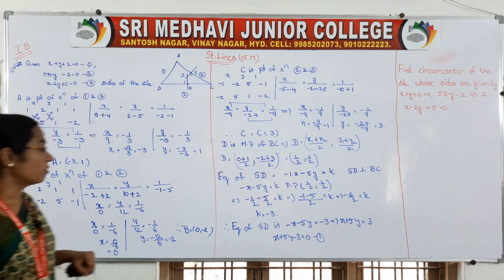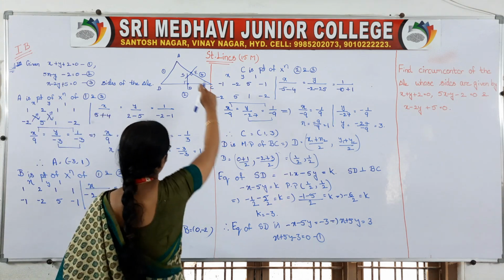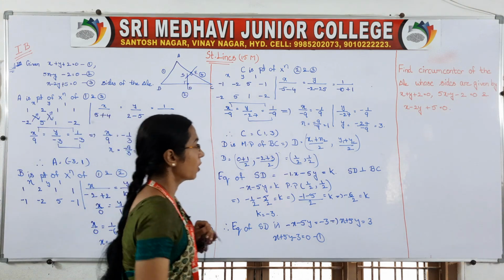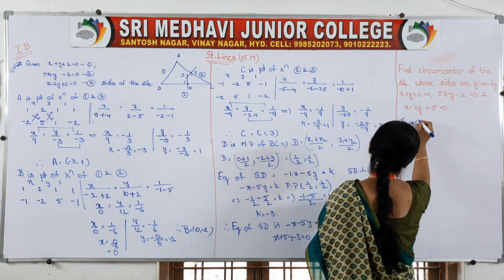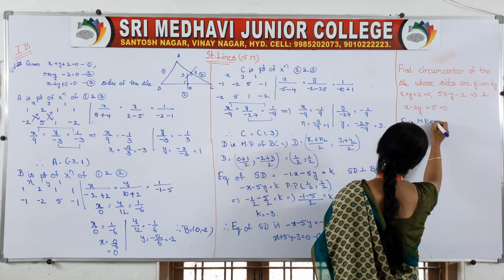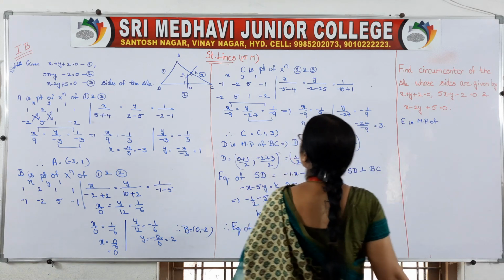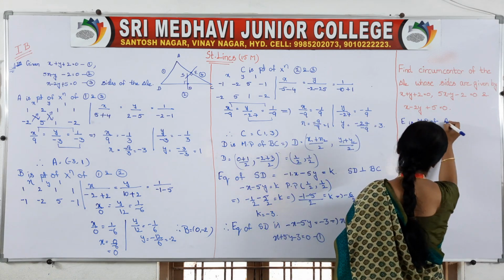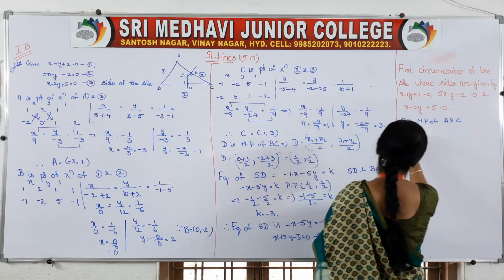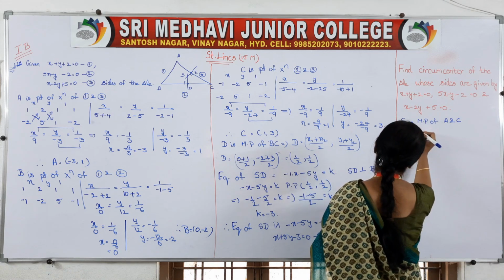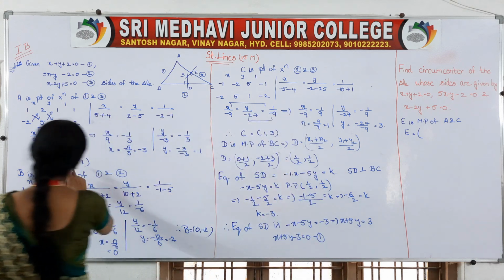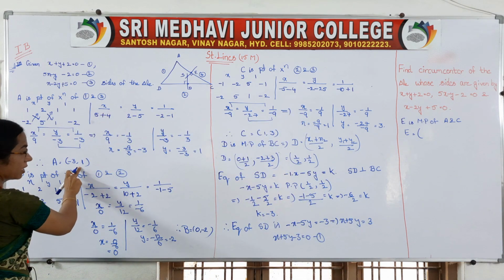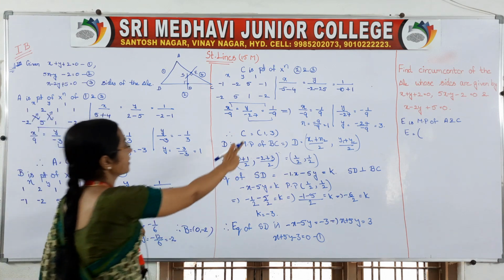Now take the midpoint. E is the midpoint of A and C. So E is equal to, if we take A and C, where is your A point? This is your A point and this is your C point.